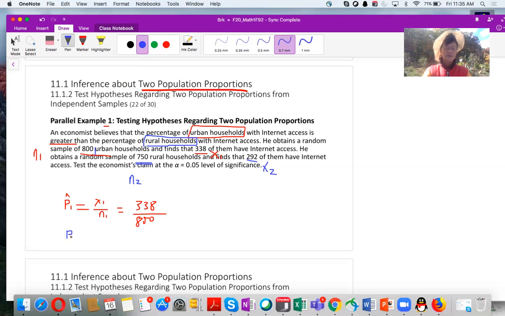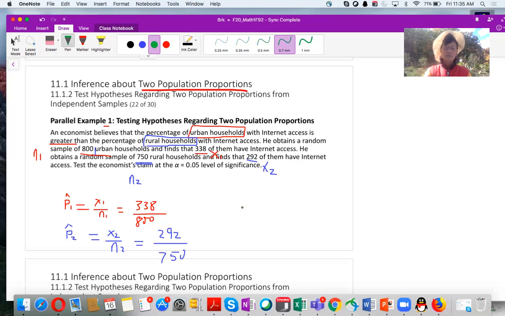And the second proportion p2 hat is x2 over n2, 292 over 750.